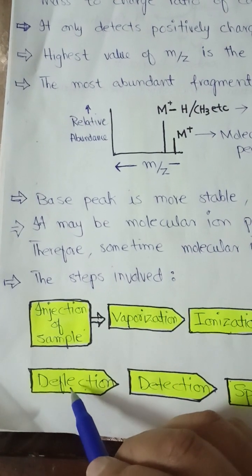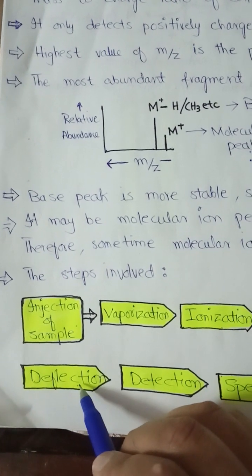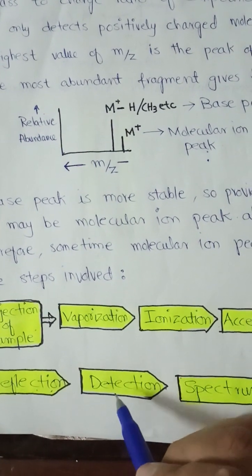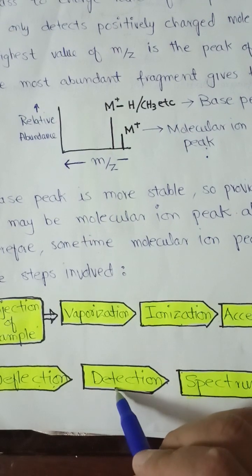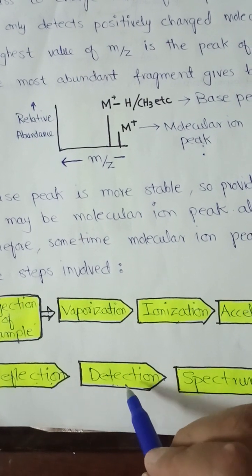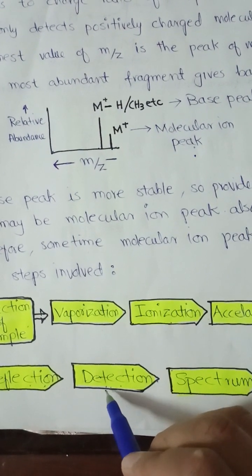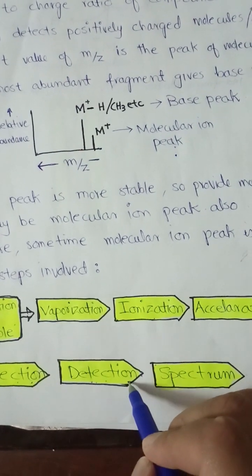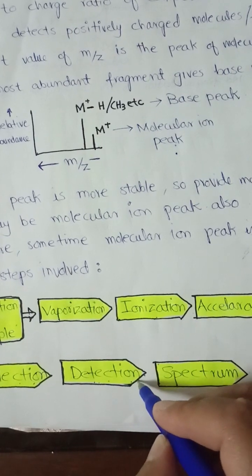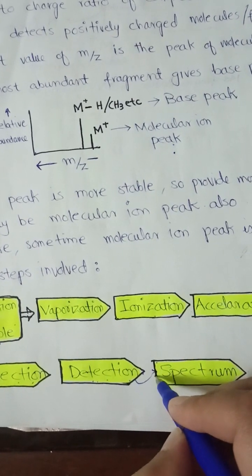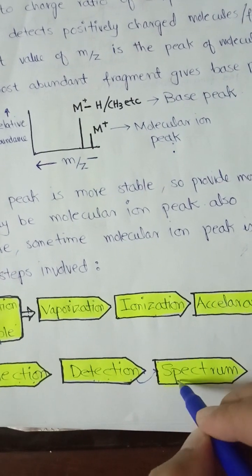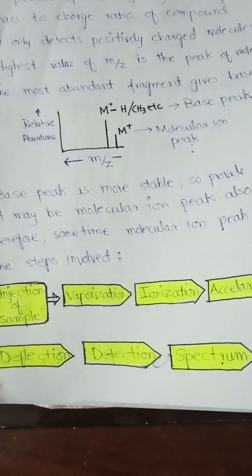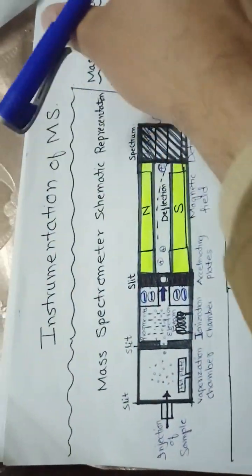These charged bodies will be deflected in the presence of the magnetic field, which is called deflection, and then these charged molecules or atoms will be detected at the detector, which is made up of different kinds of materials. They provide a signal in the form of electric current to the recorder where the spectrum is produced. So these are the different steps used in mass spectrometry.